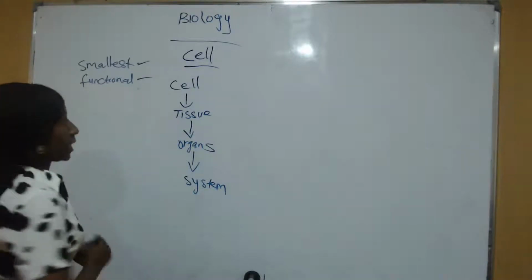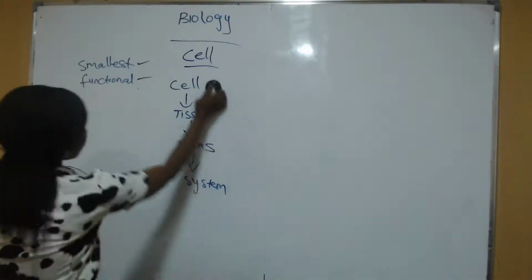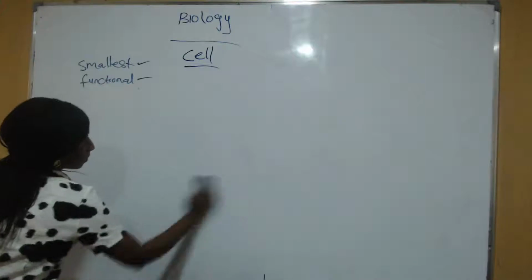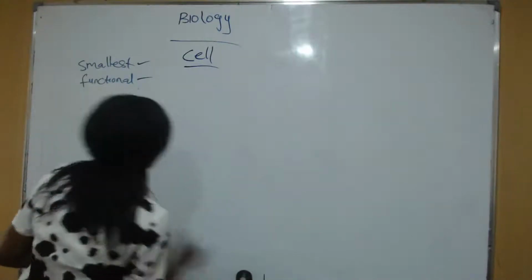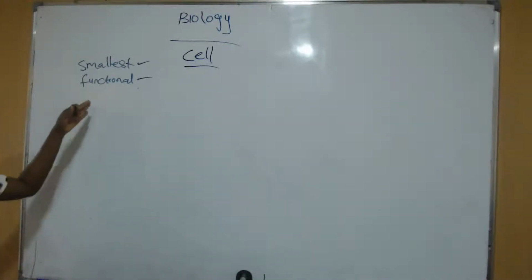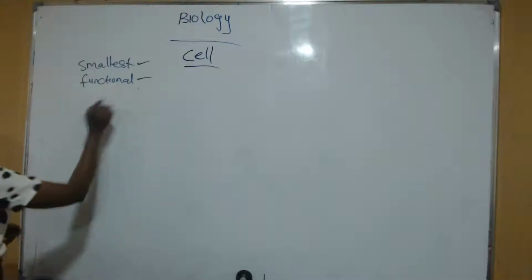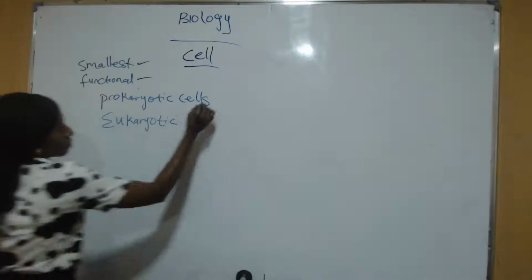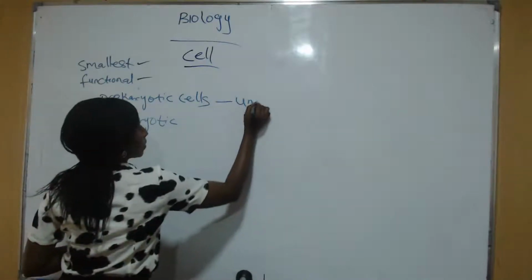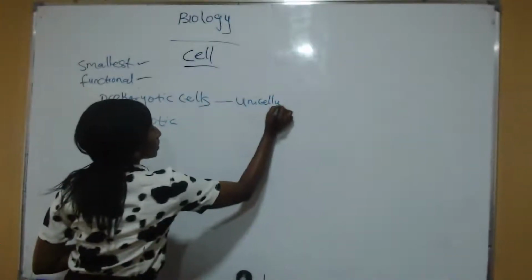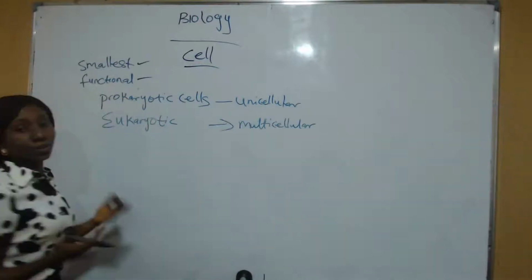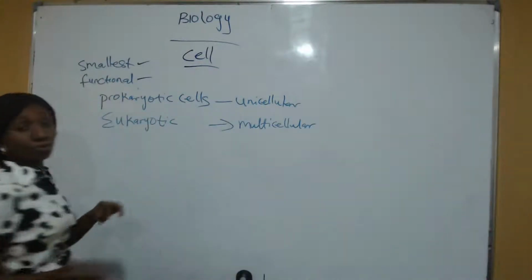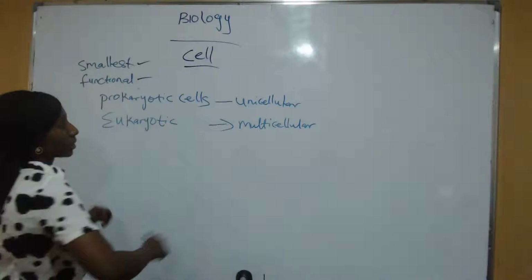So cells are of two types. You have the prokaryotic, which you can also call unicellular, interchangeably. They are not developed, and they are devoid of a true nucleus.